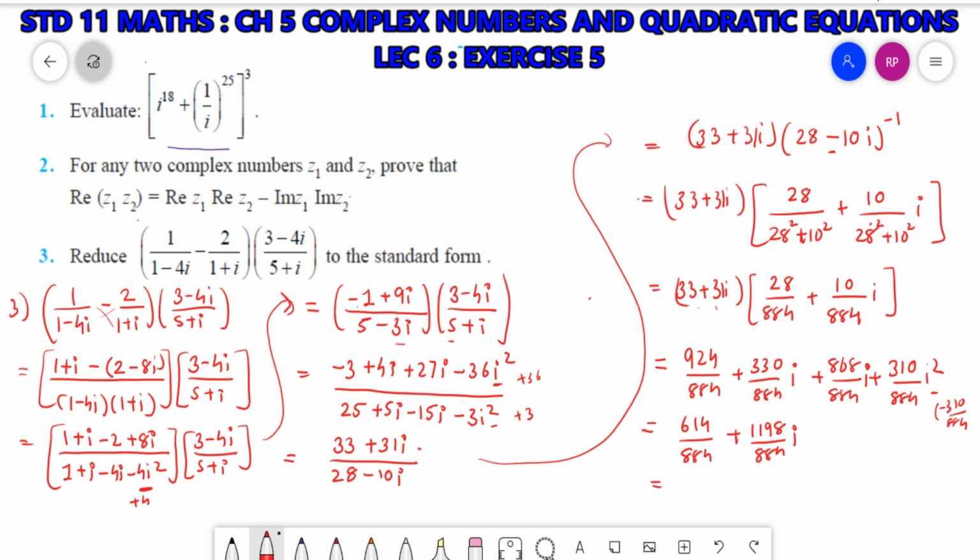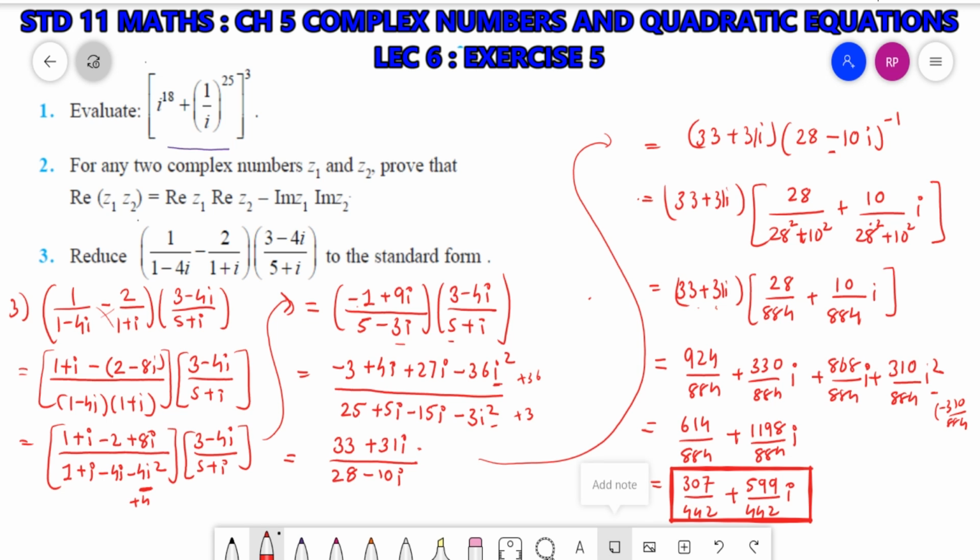Now we can reduce it. Divide by 2, 307 upon 442, plus 1198, that means 599 upon 442 i. This is our standard form.